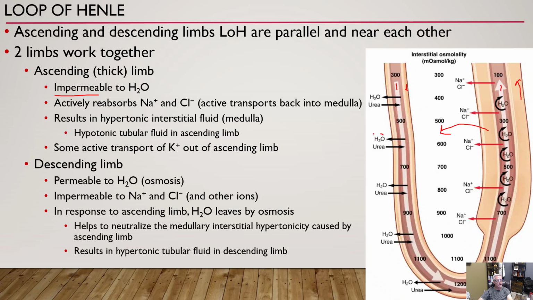So now we're going to have water getting dumped out of the descending limb to try and counteract that hypertonic fluid in the ascending limb. And then we already talked about ADH and that distal convoluted tubule and the collecting duct, and that's also going to help neutralize this osmolality or this hypertonic medullary fluid.